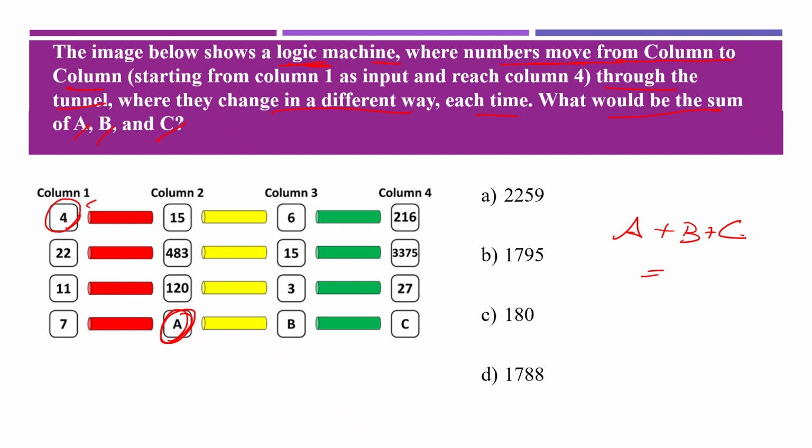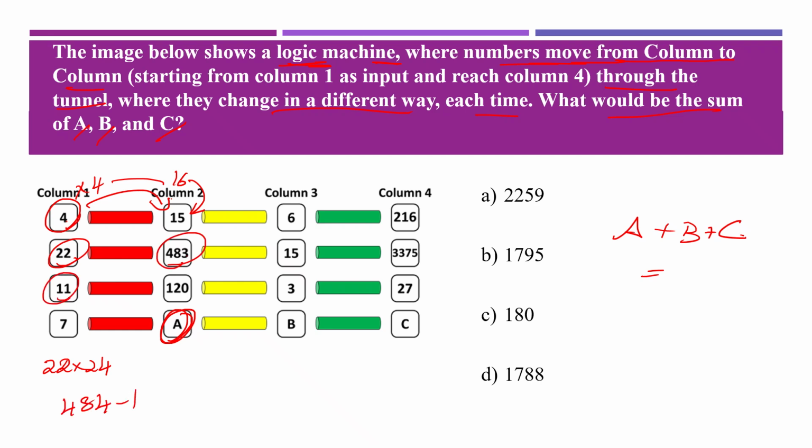Here it's 4, but they have given 15 here, which means 4 times 4 is 16, 1 less than that. Okay, 22 into 22, I guess 1 less than that, 484 minus 1.